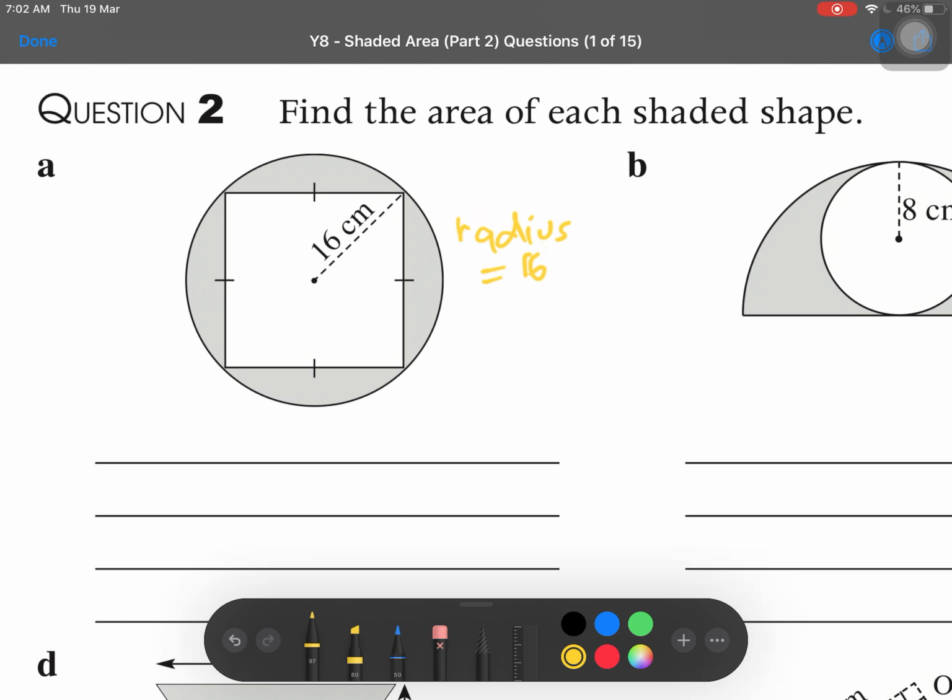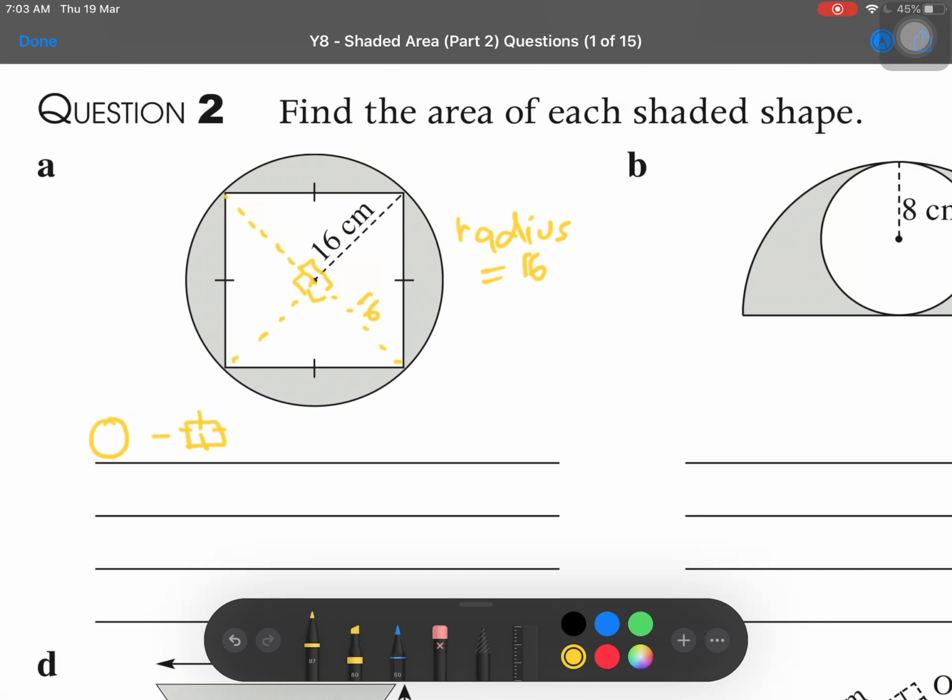And then I want you to also see that the square is actually made of 4 right angle triangles. So that means it's 4 times half times 16 times 16. Okay, I'm going to show you the working. So that means the strategy here is the circle minus the square.